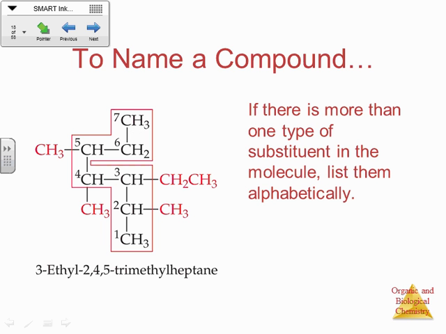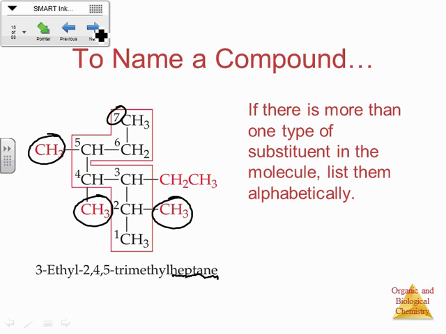This one is crazy as far as its name. We've got 1, 2, 3, 4 substituent groups on this one. This is a 7-carbon chain, so we're going to call this one heptane. There are 3 methyl groups on this, and that's these 3 right here, 1, 2, 3.